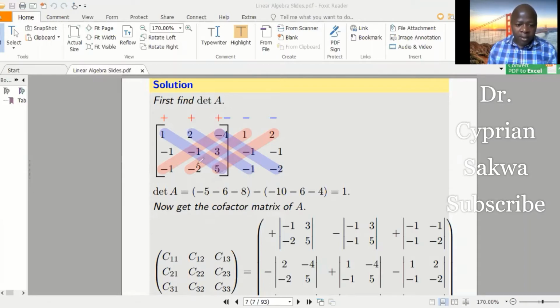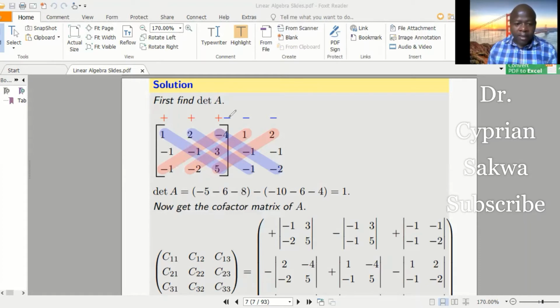So I have these three diagonals running from left to right. I multiply along each diagonal and add. You can see this is plus, so I add -5, plus -6, plus -8.